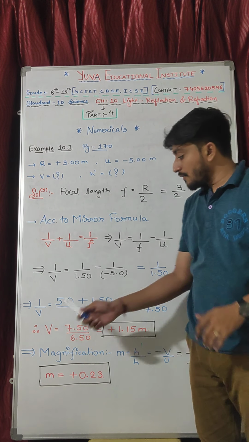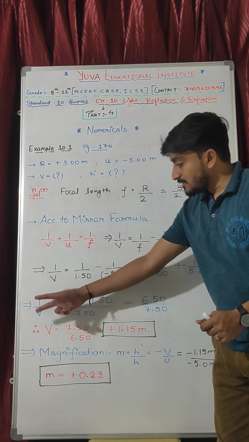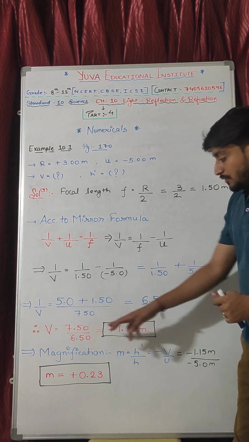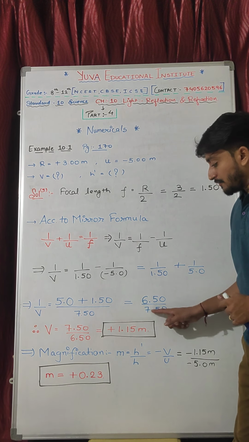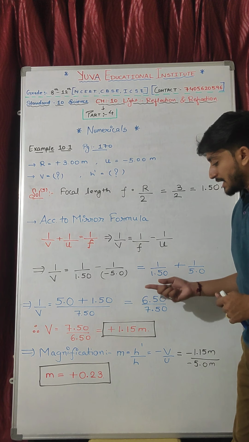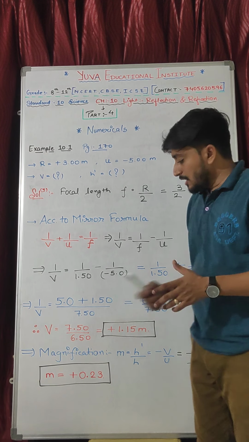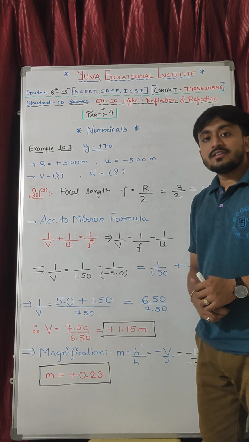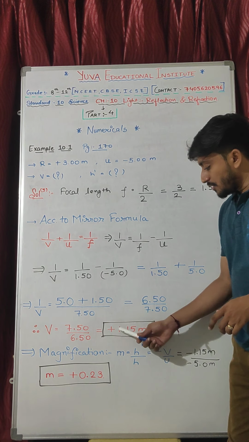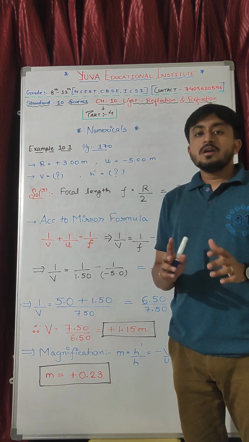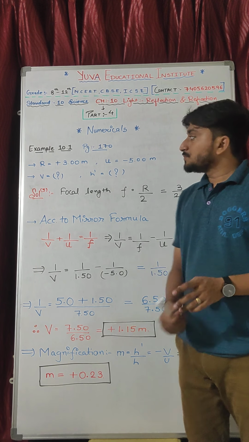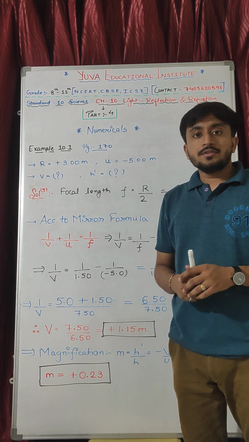Now students, we require the value of v, so we will take the reciprocal of this. So 7.50 comes in the numerator place and 6.50 comes to the denominator, right? Solving this, finally you will get the image distance as 1.15 meter. Here your first part is over. You have successfully found the image distance.